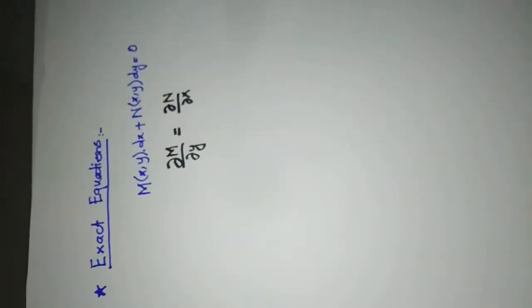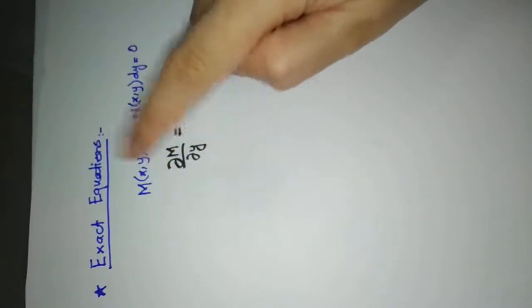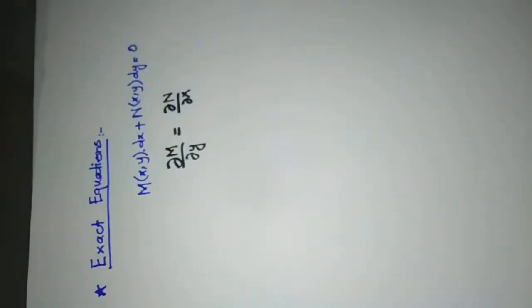Now, for the method of solution, we have two different methods. In the first method, we start with M and reach N, and in the alternative method, we start from N of x, y and then reach M of x, y. I told you in the last lecture that the basic purpose of solving this type of equation is to get the solution, which is an implicit type of function.